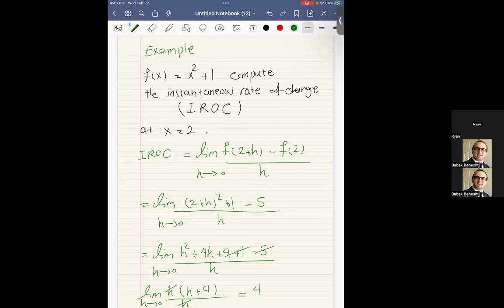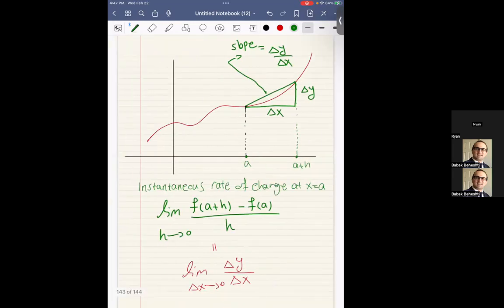Okay, now I just have some remarks. The first remark is, we also call this quotient, or this limit, the derivative of the function f. So this is called the derivative of f at x equal to a.